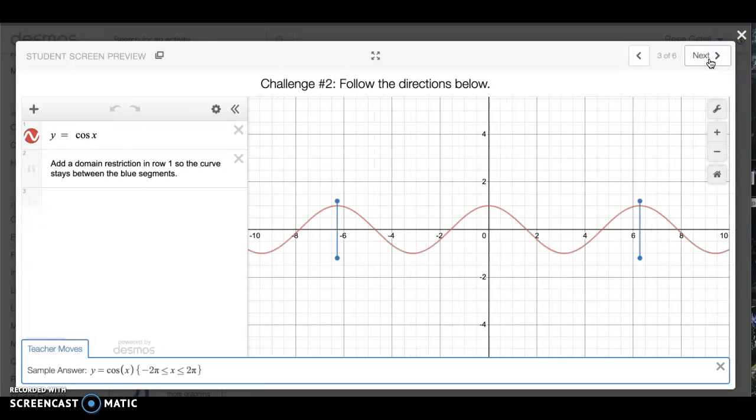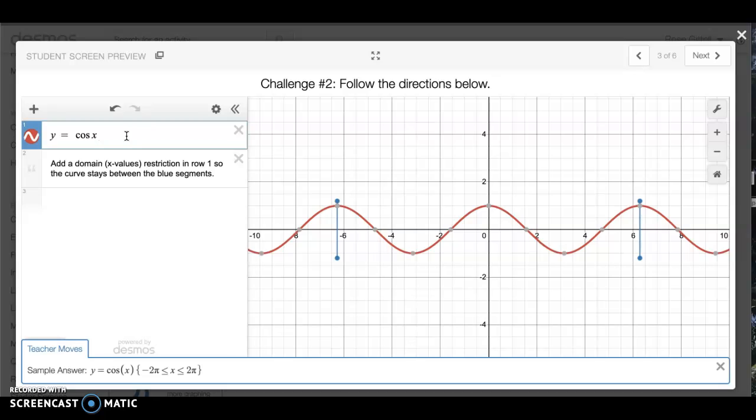Here it says, I have a cosine graph. It says add a domain restriction. Domain, you can add this in for yourself, is going to be something to do with the x values in row 1 so that the curve stays between the blue segments.